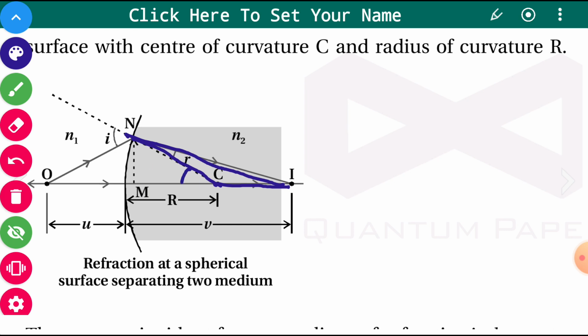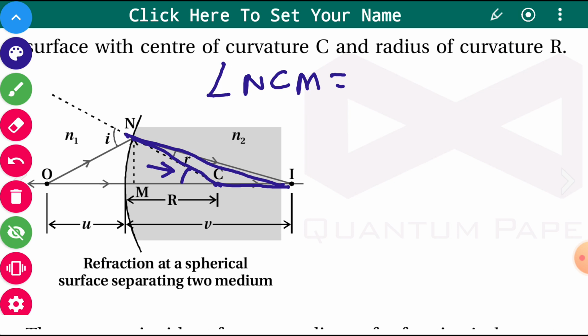This particular angle becomes the exterior angle, that is angle NCM, and this exterior angle NCM is the sum of interior opposite angles.